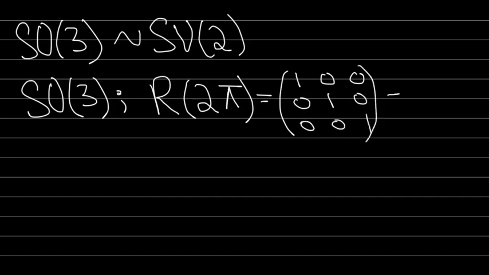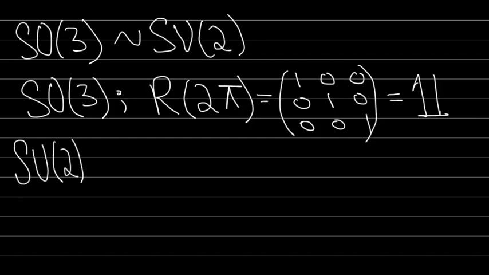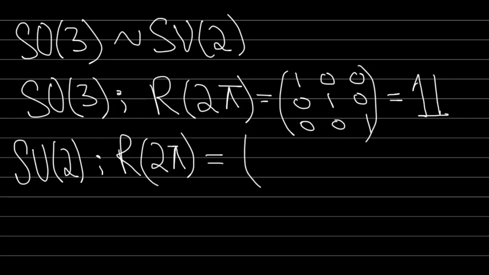This is your identity. Now, if we take the same R from SU2 and do a rotation of 2 pi, we arrive at -1, 0, 0, -1, and that is negative identity. So these two are not equal, even though we did an equal amount of rotation.